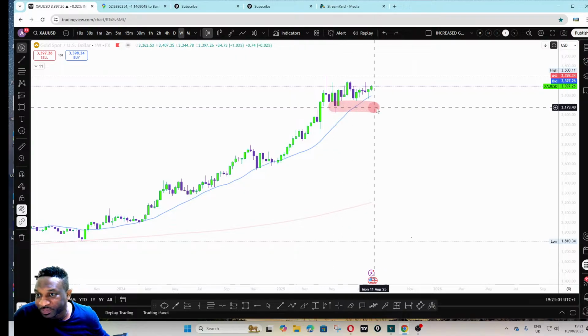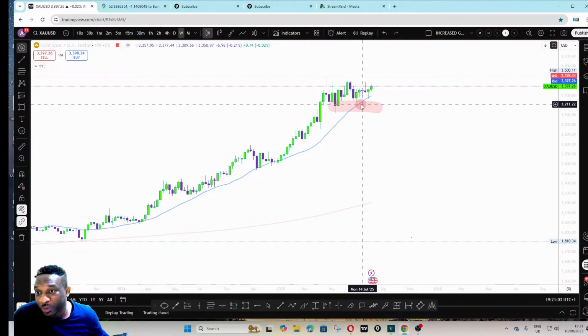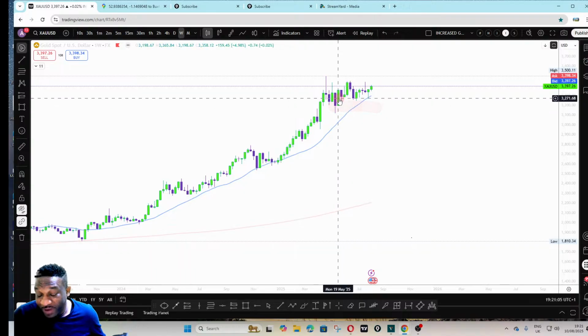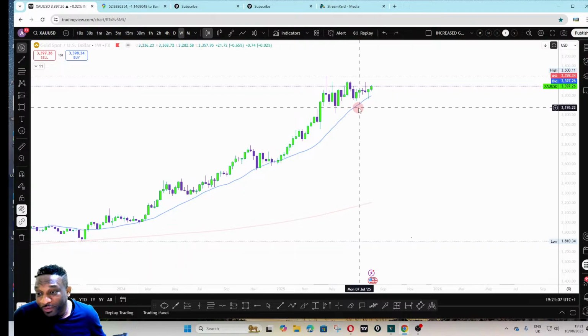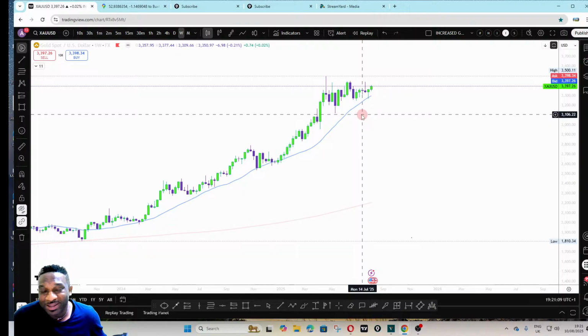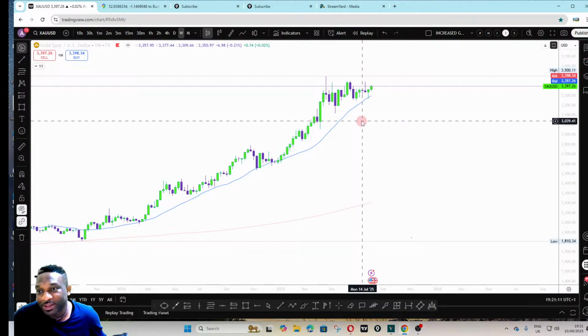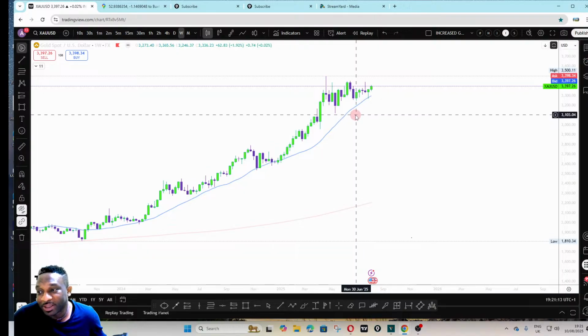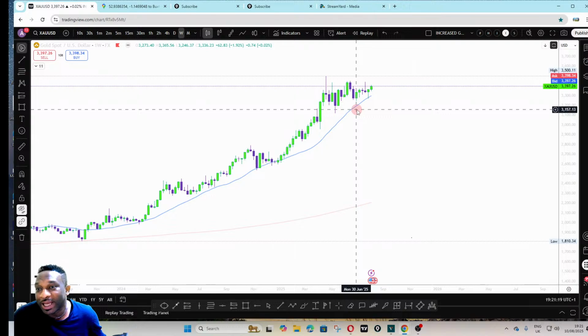So if they want to get 1 million worth of orders, they buy in small chunks, 100,000, 200,000, 100,000, 200,000, until they are close to their target.